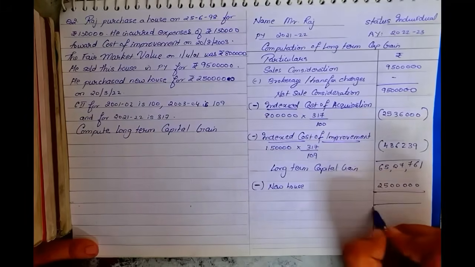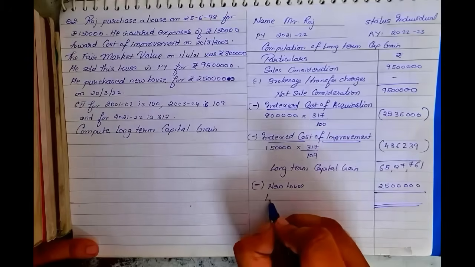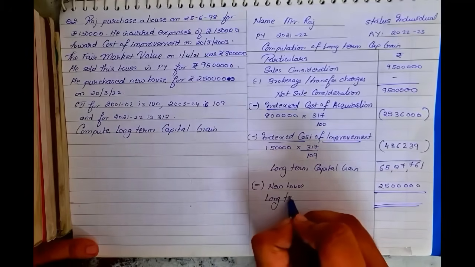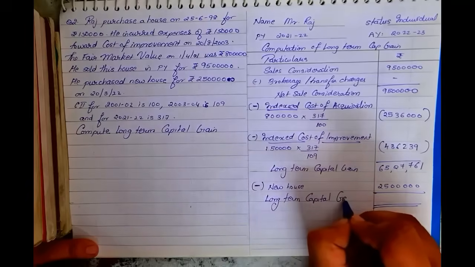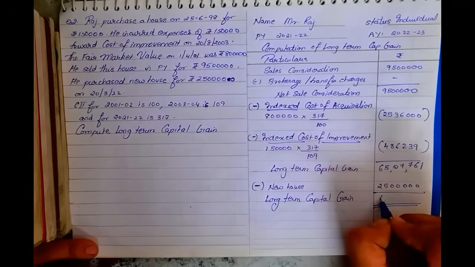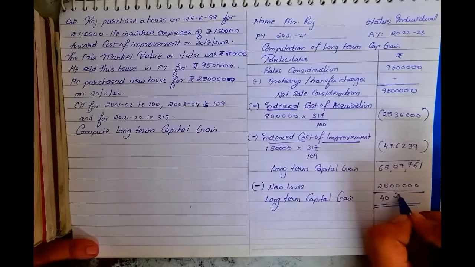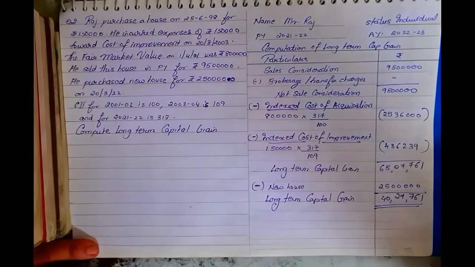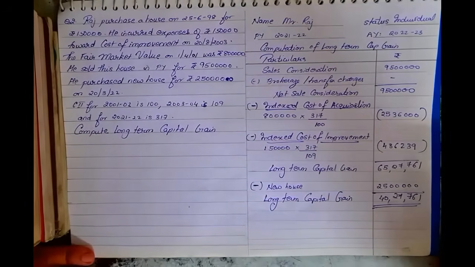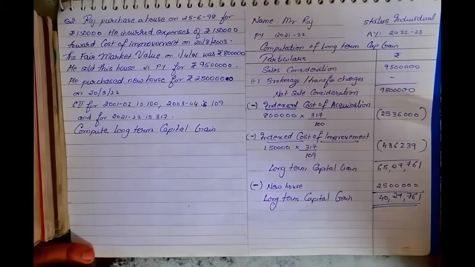So when you subtract, you will get a final answer as long-term capital gain or net long-term capital gain, which will be approximately 40 lakh 27,761. So this is how we need to solve the sum based on long-term capital gain. I hope everyone has understood.